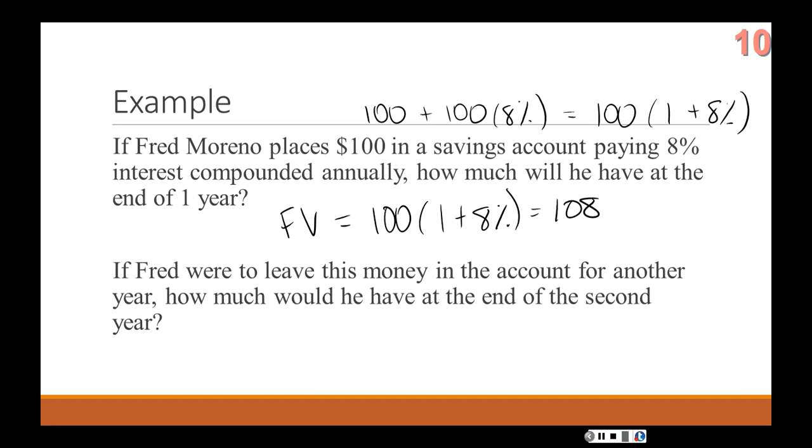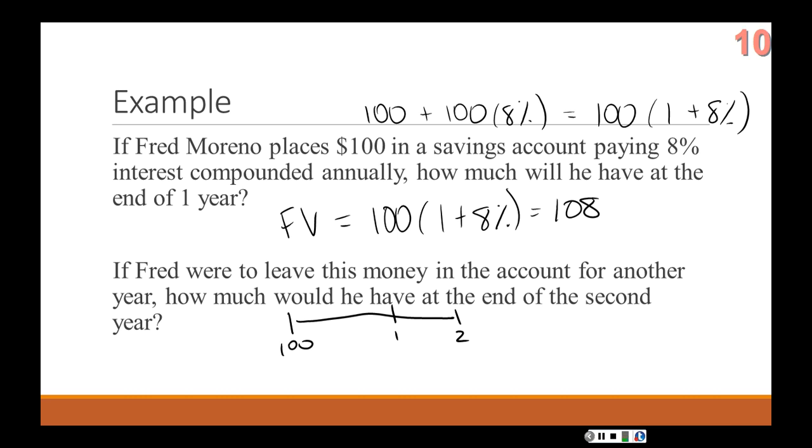So if Fred were to leave this cash in his account for another year, how much would he have at the end of the second year? So he's depositing $100 today, and it's going to sit in his account for 2 years. At the end of year 1, he has $108.